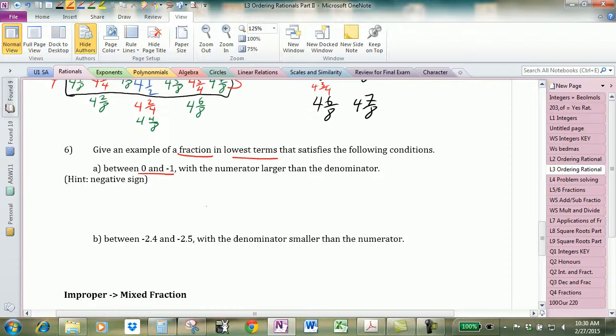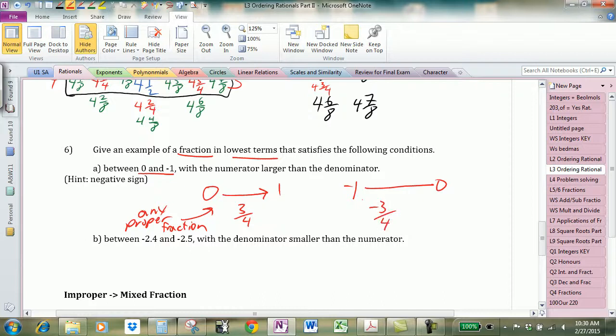Thank you. So what was the last fraction you said? 3/4? Okay. So anything, any proper fraction is going to be between 0 and 1. So then any proper fraction between 0 and -1 that's negative is going to be there. It's going to be the opposite.